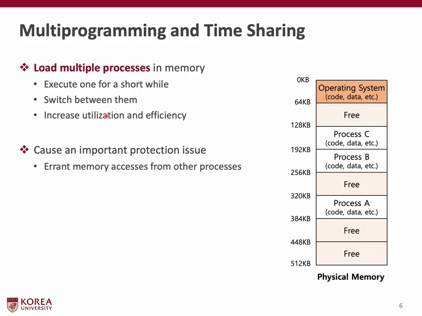After that, the operating system allows each process to run on the CPU by switching between them. More specifically, in the multi-programming model, scheduling will be performed when the running process tries to wait for an I/O operation. In the time-sharing system, the scheduling will be triggered whenever a timer interrupt occurs.